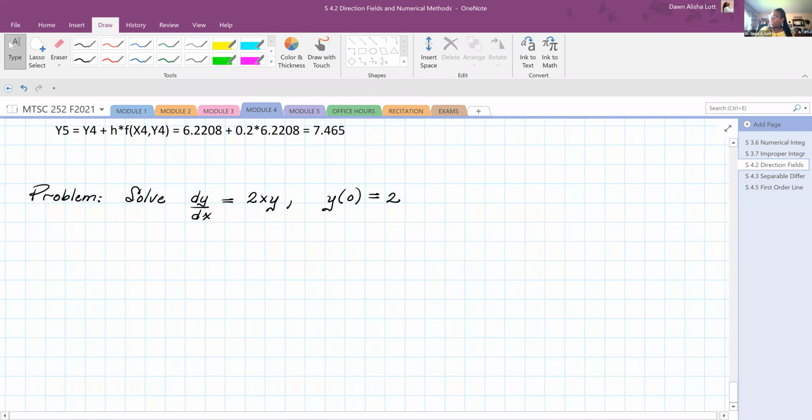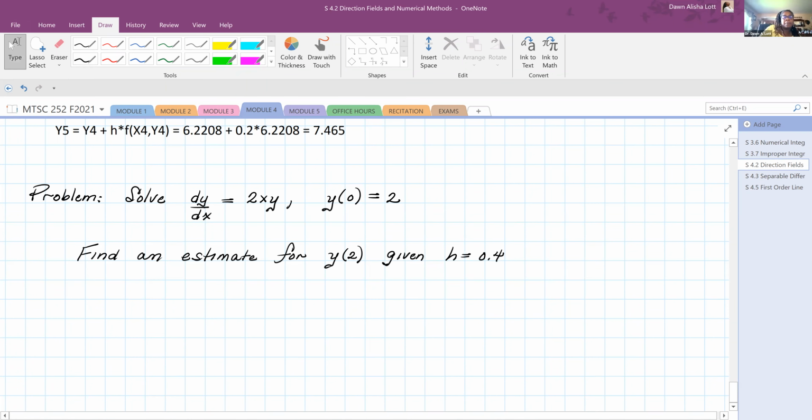Okay. So let's say I want to find an estimate for y of 2 given h is equal to 0.4.